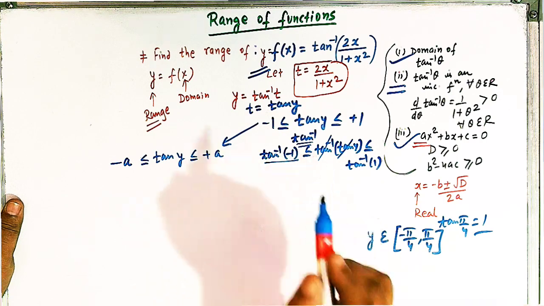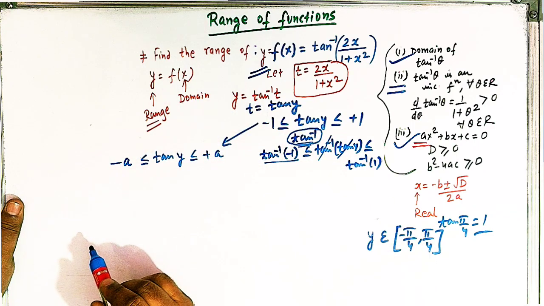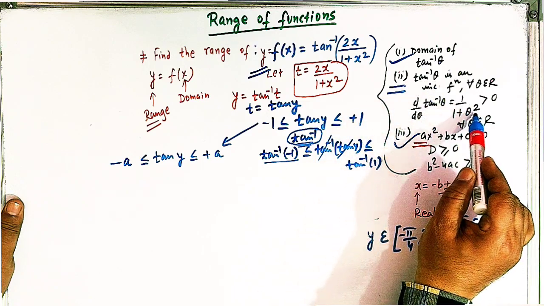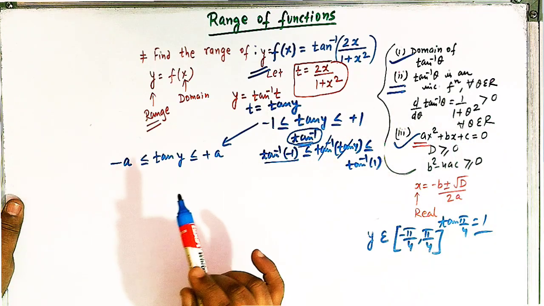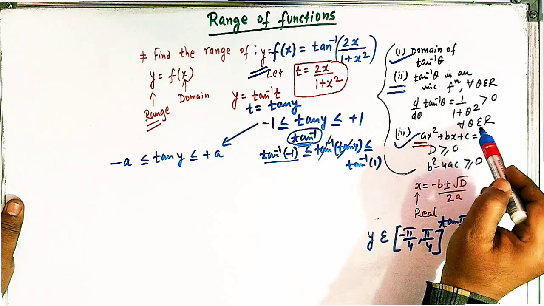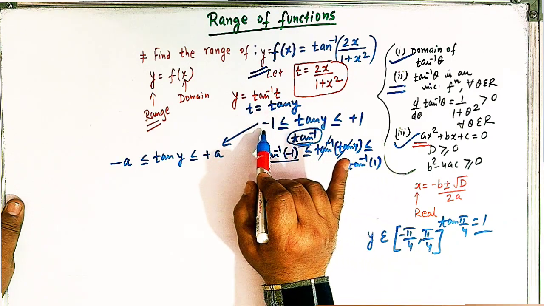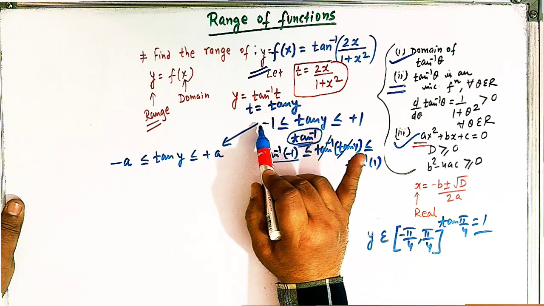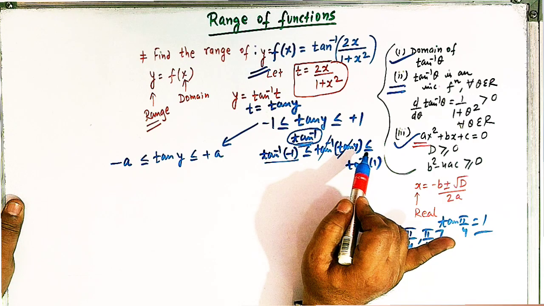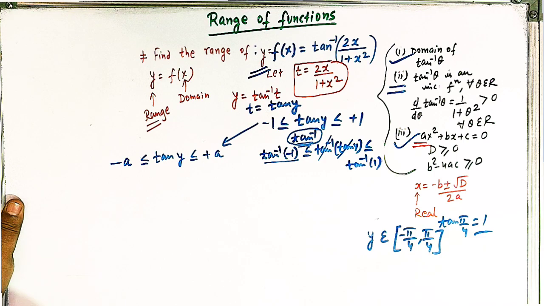This happens only when tan inverse is an increasing function, right? So tan inverse theta has the derivative 1 over 1 plus theta square, and 1 over 1 plus theta square is always greater than 0, right? It means the derivative is positive for all values of theta belonging to the set of real numbers. So that's why whenever we take tan inverse of the numbers which are expressed like this, the direction of the inequality remains the same, because the tan inverse function is an increasing function.